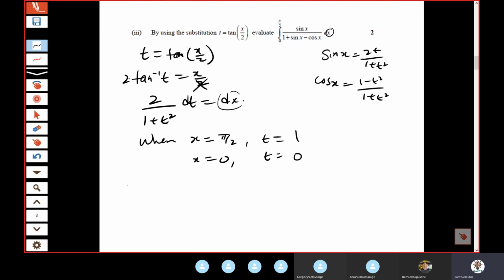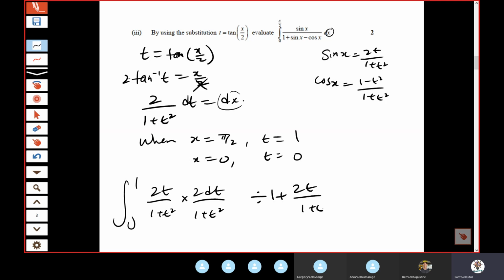So pretty much it should look something like this. 0 and 1, sine x is 2t on 1 plus t squared, times dx is 2 dt on 1 plus t squared. Yes? Divide 1 plus sine x minus cos x. Any questions?